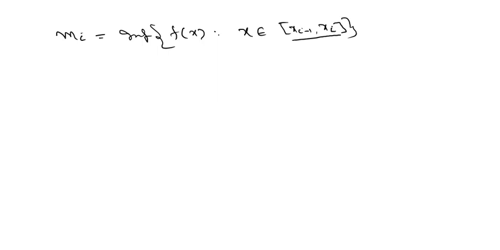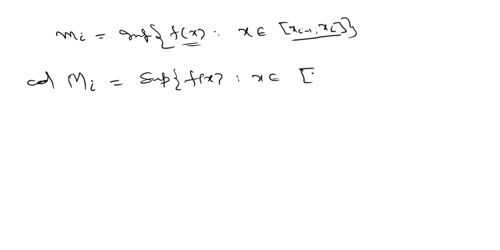So we can find the infimum of this function over that interval, and we can also find the supremum as well, because the function is bounded. M_i is the supremum of f(x) such that x belongs to [x_{i-1}, x_i]. This is for i equal to 1 to n. Okay, i runs from 1 to n.